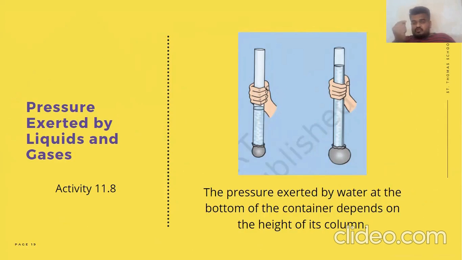So there is a pointed nail, or if we are cutting some vegetables with a sharp knife, we do not cut with a flat knife, we only cut with a sharp knife. The only reason is that we just have to put very low pressure on it. So, what is the pressure exerted by liquids and gases? This is what this topic wants to say.